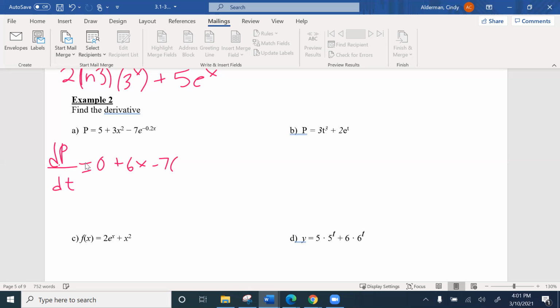So we're going to do the k, which would be negative 0.2. And then we'll just do e to the negative 0.2x. Now, we can simplify this, right, by getting rid of the 0 and multiplying this out. Point 2x.